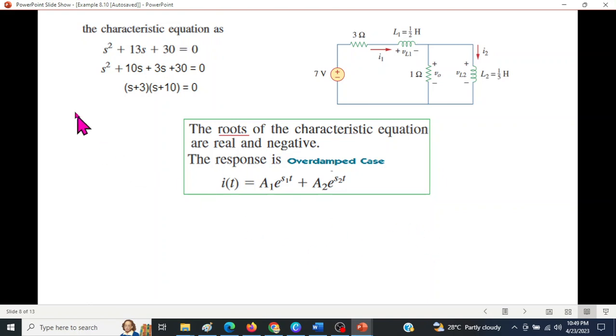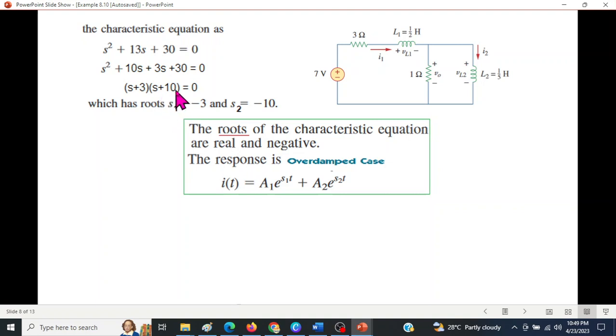From this equation, we factorize it and we get s plus 3 multiplied by s plus 10. Now we put these equal to 0. So like here, s plus 3 equals 0, that means s1 is minus 3.